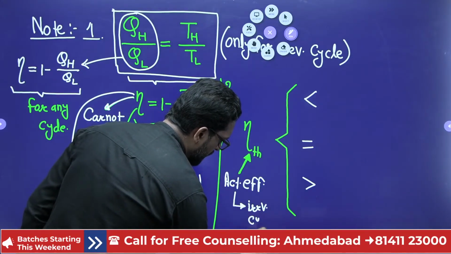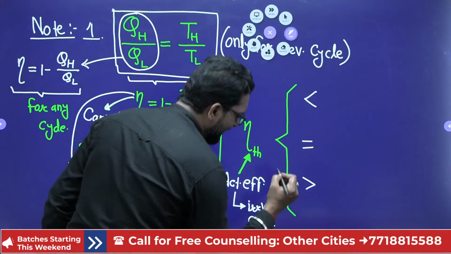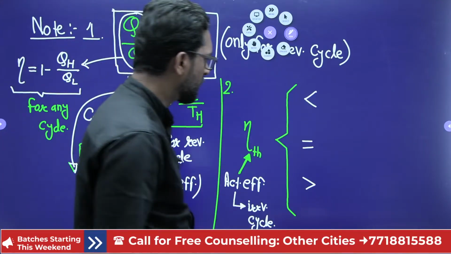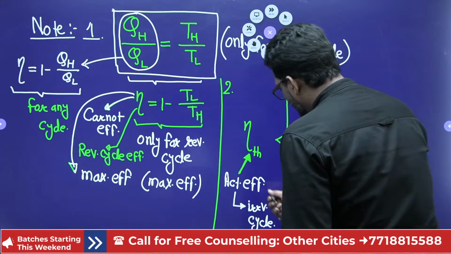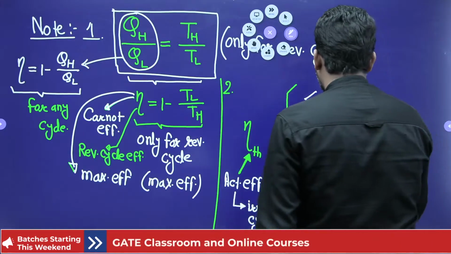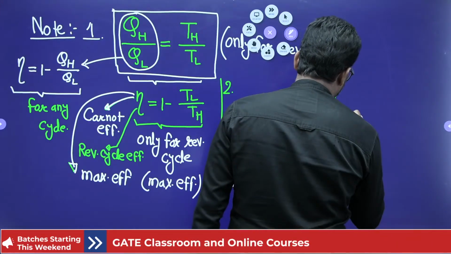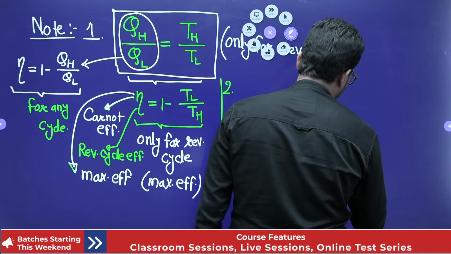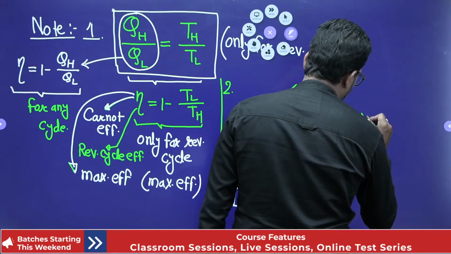So this irreversible cycle efficiency is less than the thermal efficiency of the reversible cycle. Yes or not?